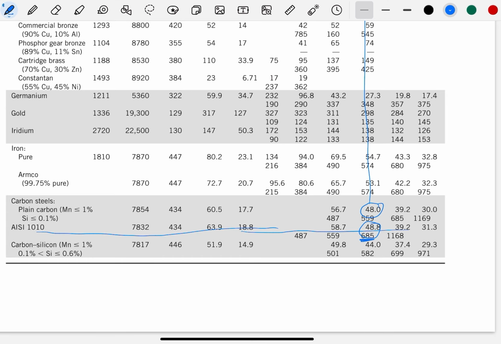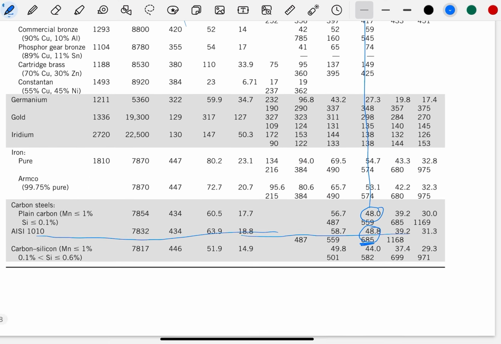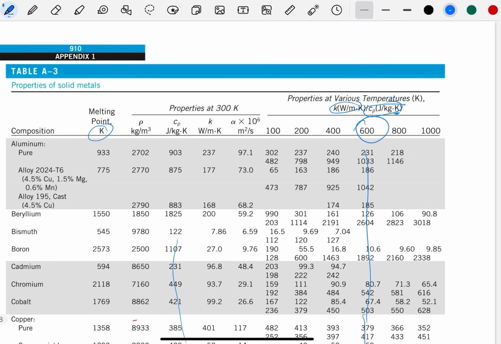I think we used this one. Let me see. Specific heat. We used this one, which, for the purpose of our class, that's fine. But if we want it to be more accurate, we would use this one. 685. Okay. 685.